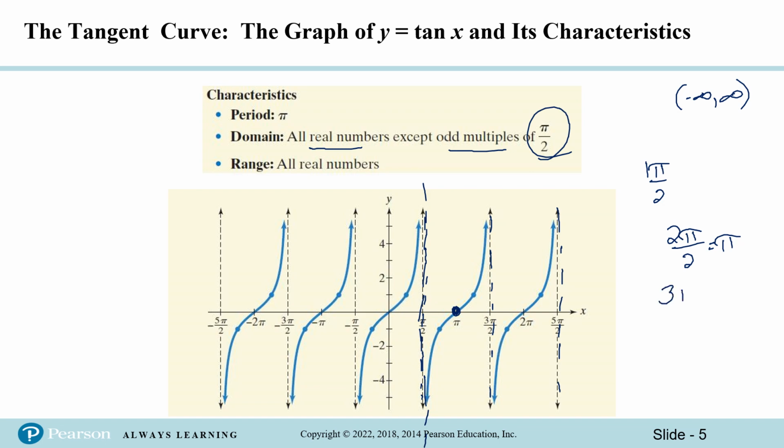And then we add another pi over 2, and we add another pi over 2, so now we have 4 pi over 2. That's 2 pi, and that's perfectly fine. The tangent is equal to 0 at 2 pi. So it's just the odd multiples, the 1s, the 3s, the 5s, -1, -3, -5.